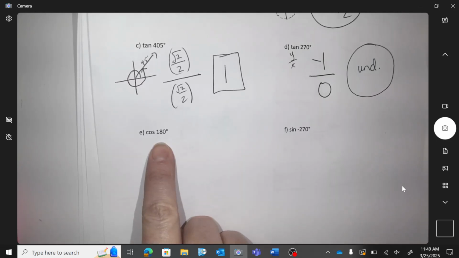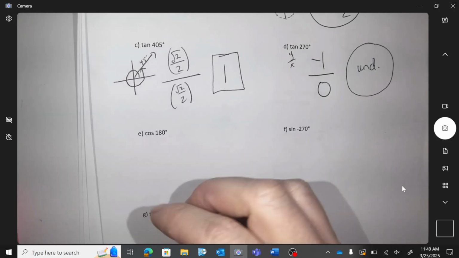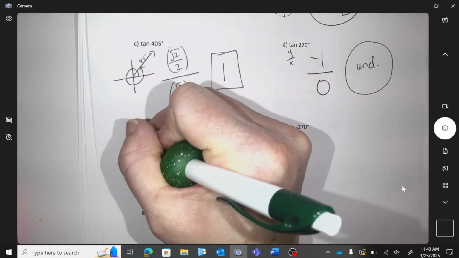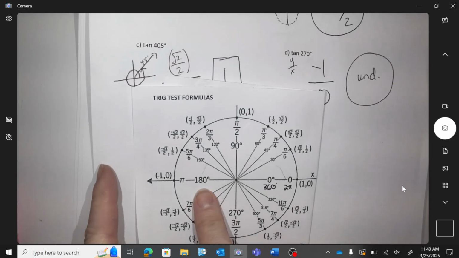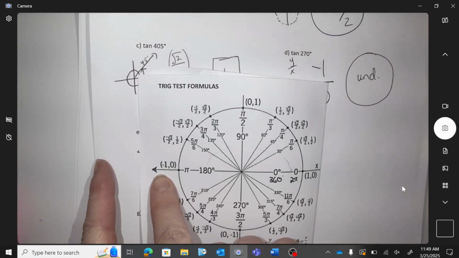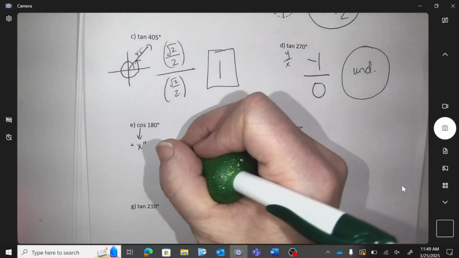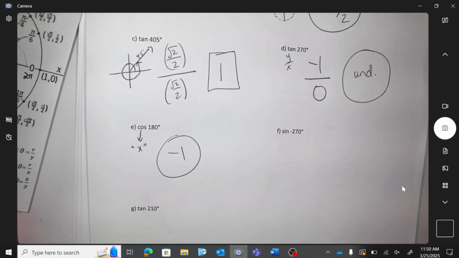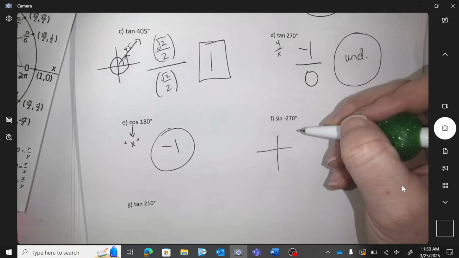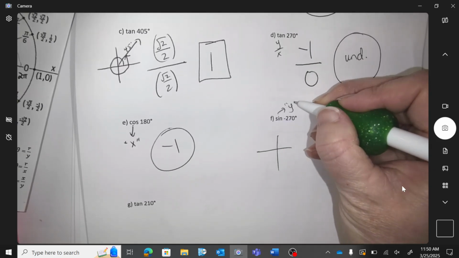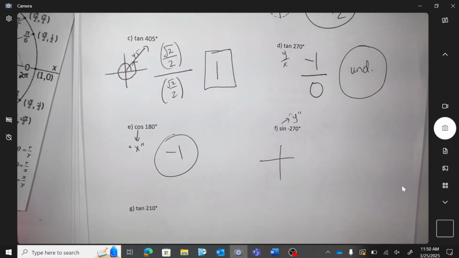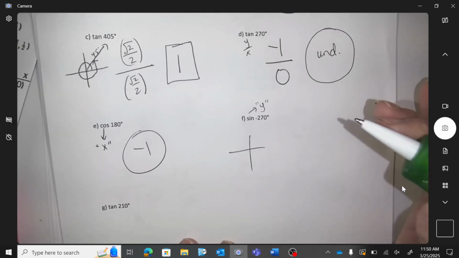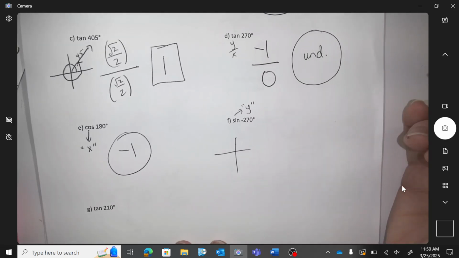Okay, 180. All I want here is what is the x value? 180. What is the x value? Negative 1. Sine. So what is the y value at negative 270? So you'd have to figure out where you would be on this circle.